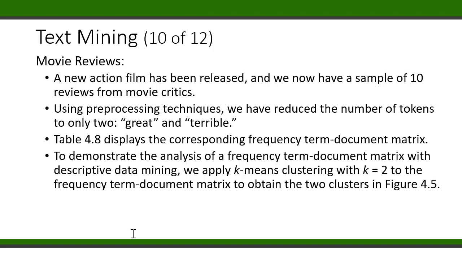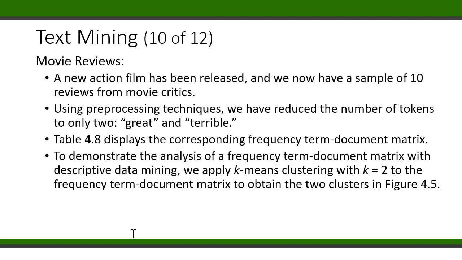We've got some new action film that's been released. You have 10 reviews from critics. You're using your pre-processing techniques. You reduce the number of tokens to only 2, which is great and terrible. We'll look at the table that shows the frequency term document matrix. That's the next slide.